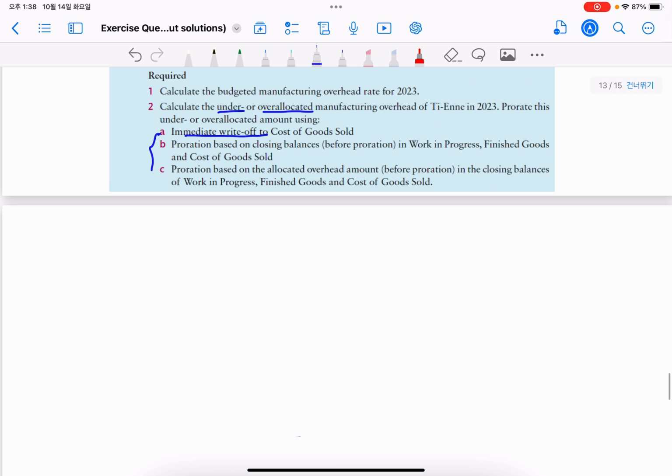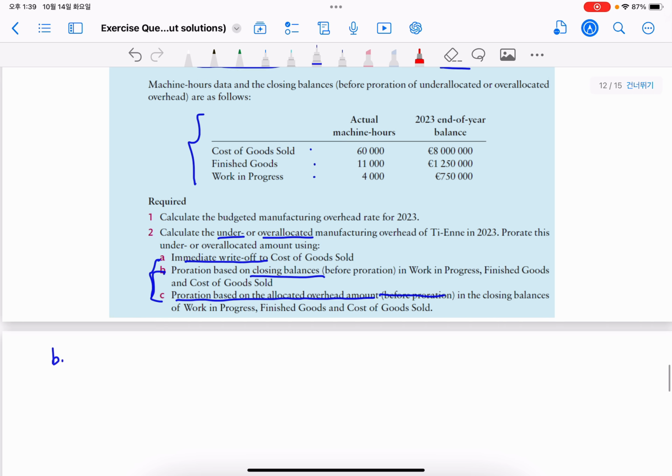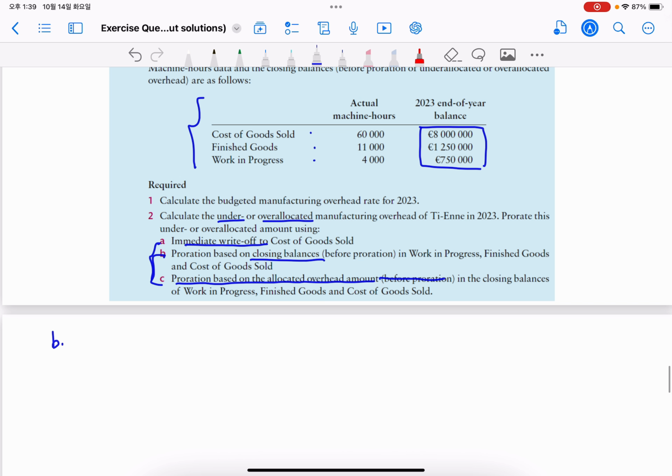So the two questions left are the proration based on the closing balance before proration, and the proration based on the allocated overhead amount before proration, right? Let's first start with the proration based on the closing balances. The closing balance before proration is given here: COGS 8 million, the finished goods 1,250,000, and lastly the work in progress of 750,000.